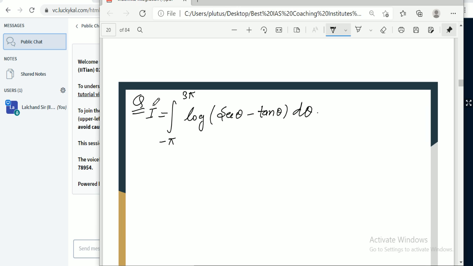We need to calculate this integral. Now try this question. Apply that property and try to calculate this.